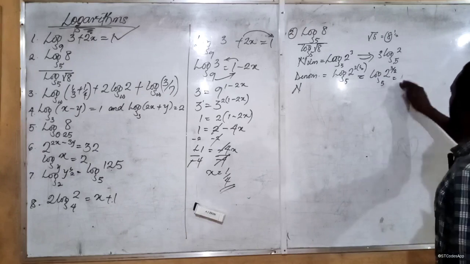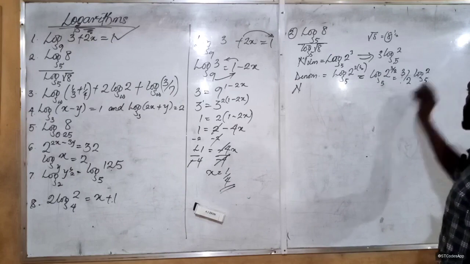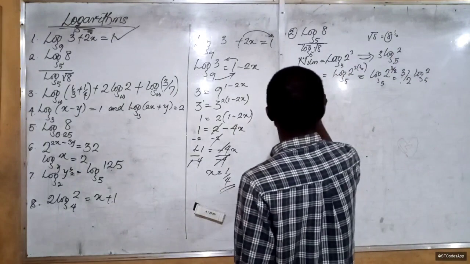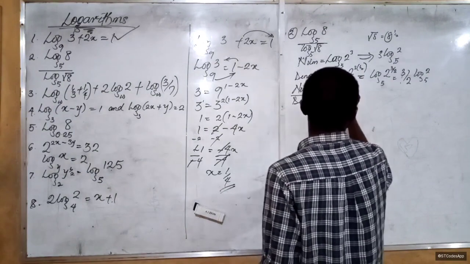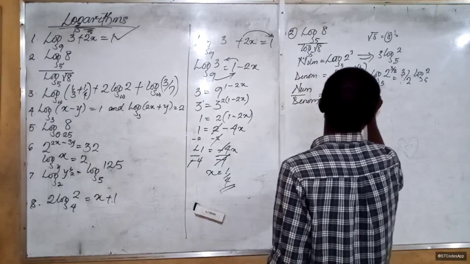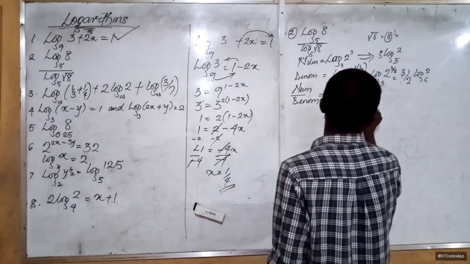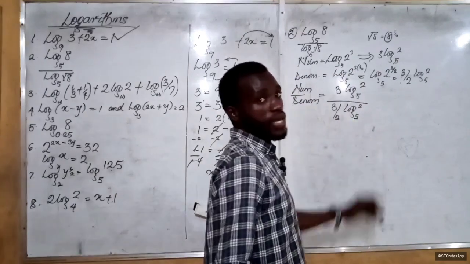So it will become 3 over 2 log 2 base 5. Now we can bring them together: the numerator over the denominator is 3 log 2 base 5 over 3 over 2 log 2 base 5. Good, so we now have some similarity here.